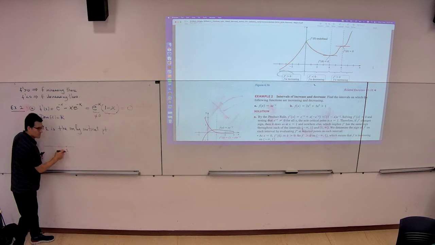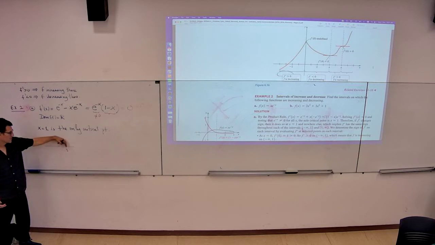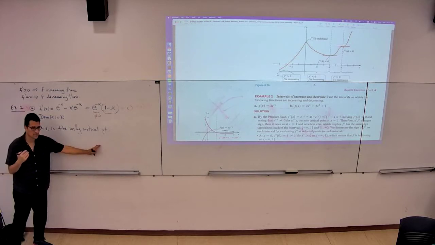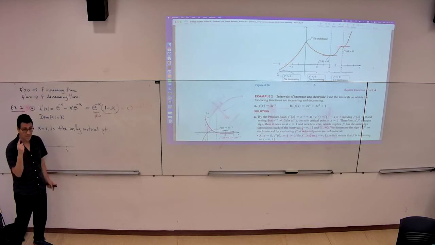Okay? So that means that right before hitting 1, the function doesn't change its behavior. So either it's increasing all the time on the left of 1 or decreasing all the time. And the same thing happens on the other side, because this is the only point where the derivative is 0. So there's no change of the sign of the derivative before hitting x equal 1.